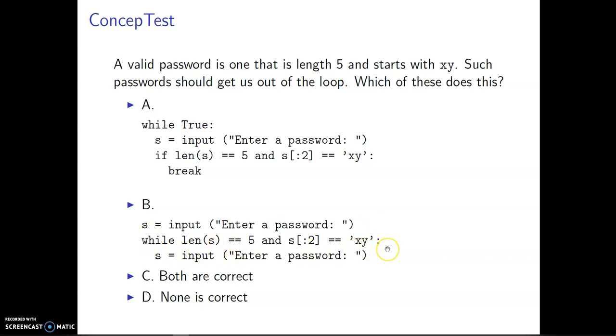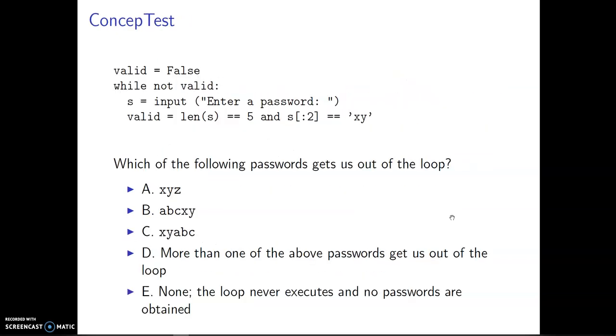While the length meets these criteria, we say enter password. Do you think both would do this? Or none? Or just A or B? Try these out, but I think there's one that is clearly a better approach. But I will say, I think this is maybe a better approach still.